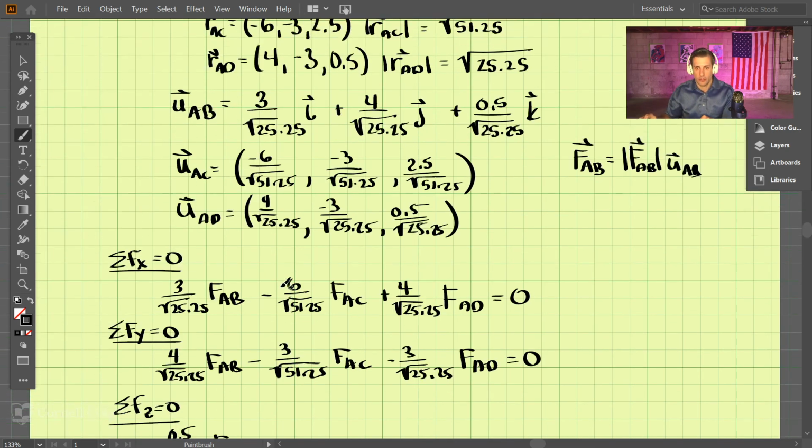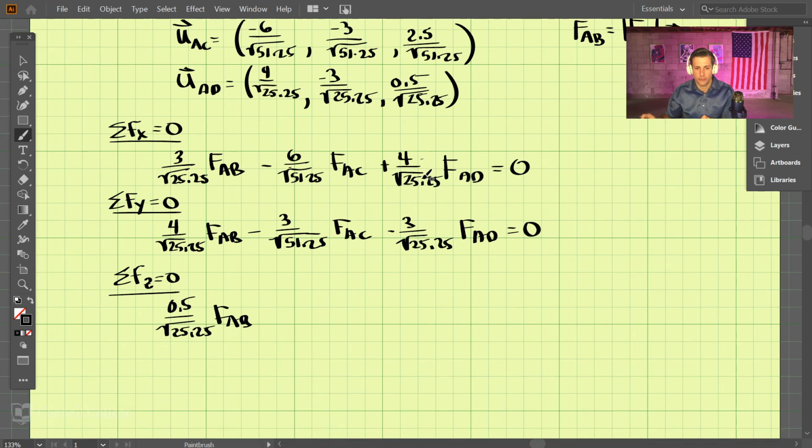Then we have plus 2.5 divided by the square root of 51.25 FAC, and plus 0.5 divided by the square root of 25.25 FAD.